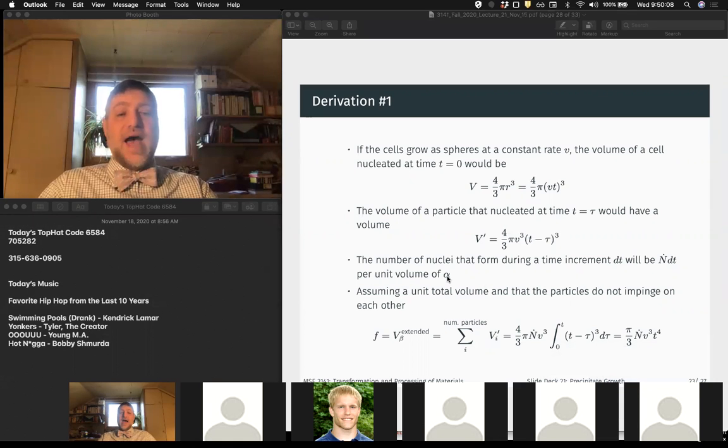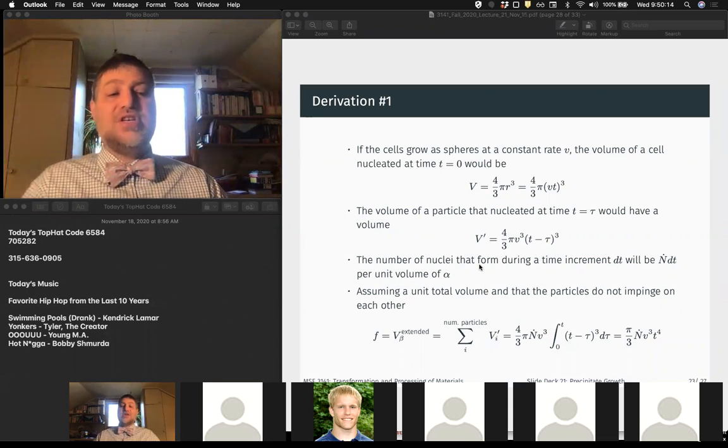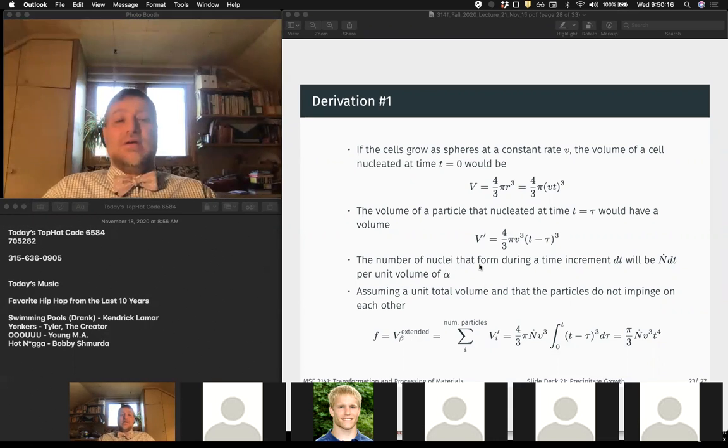Now, the number of nuclei that form during some time increment is just going to be N dot times dt per unit volume of alpha.